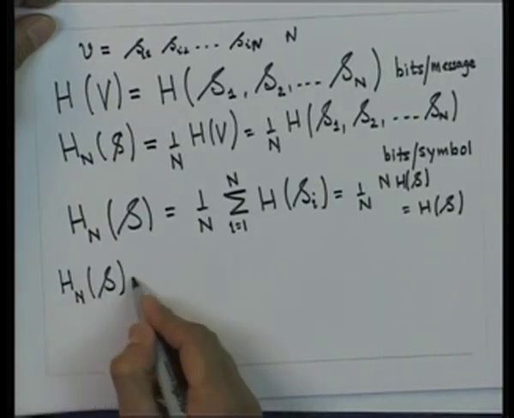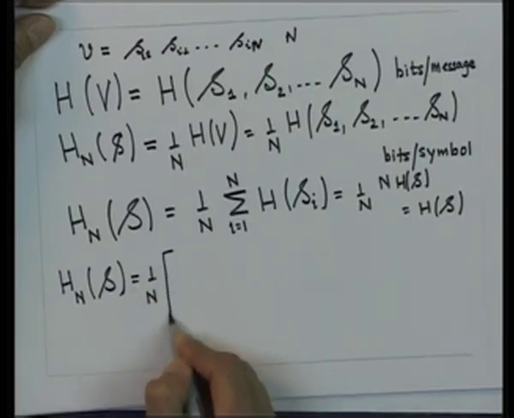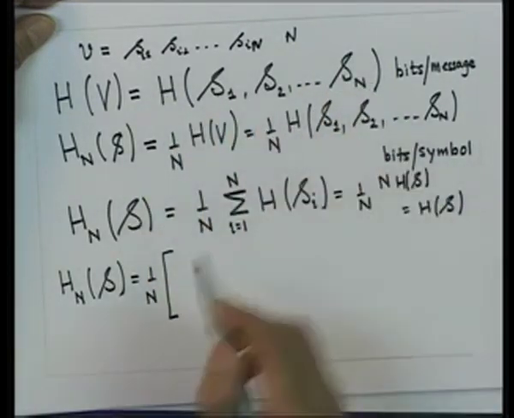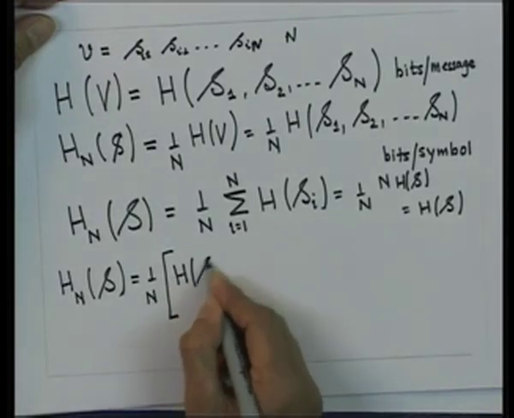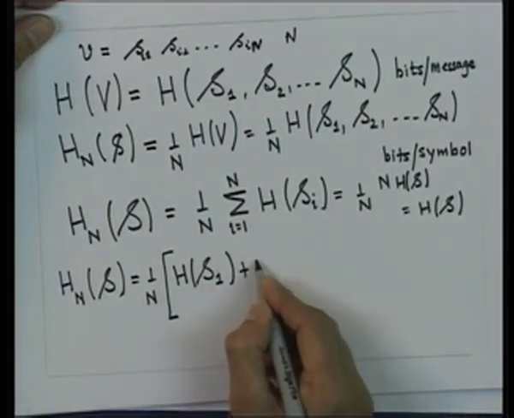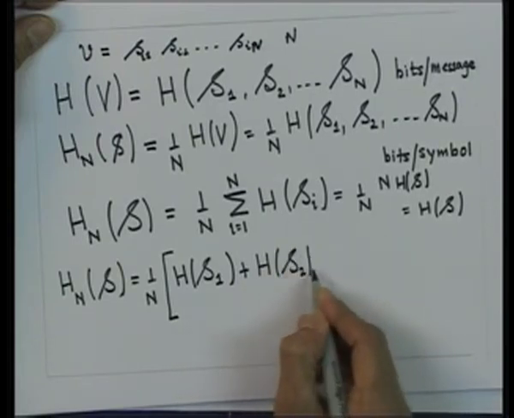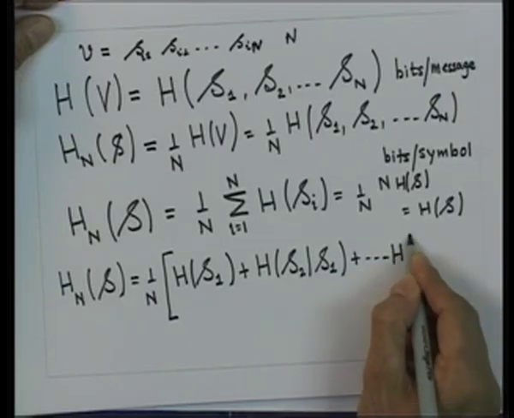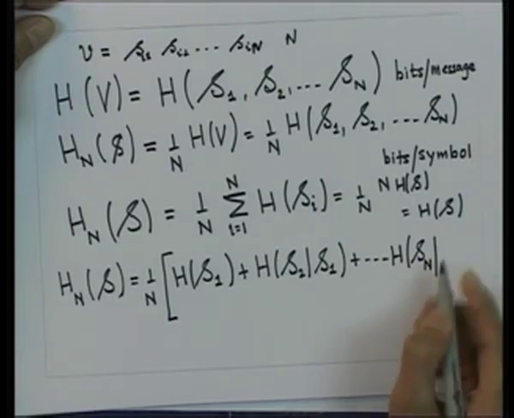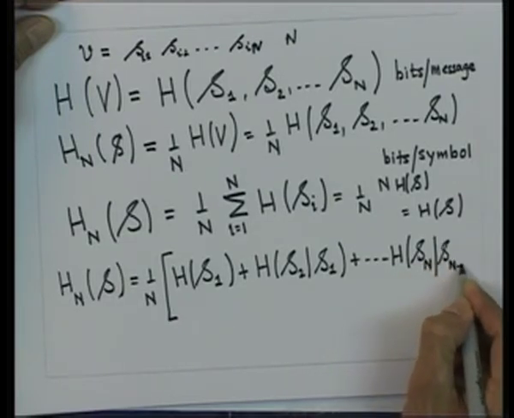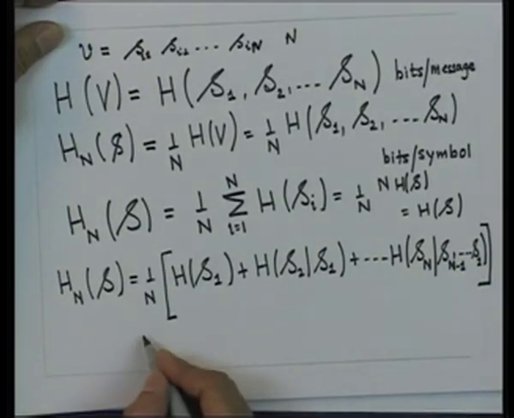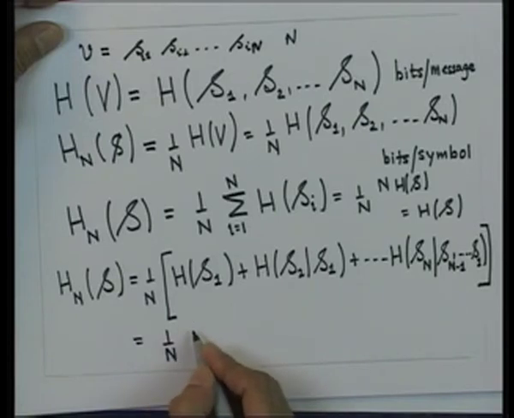I can say that H_N(S) is equal to 1 by N times the joint information in N symbols, which can be written as H(S1) plus H of S2 given S1 plus up to H of SN given S(N minus 1) up to S1, and this is equal to 1 upon N times the summation.